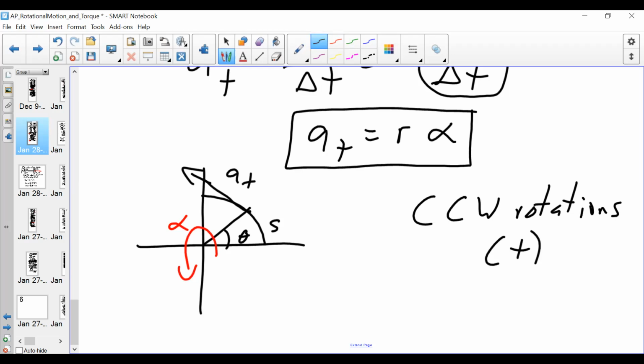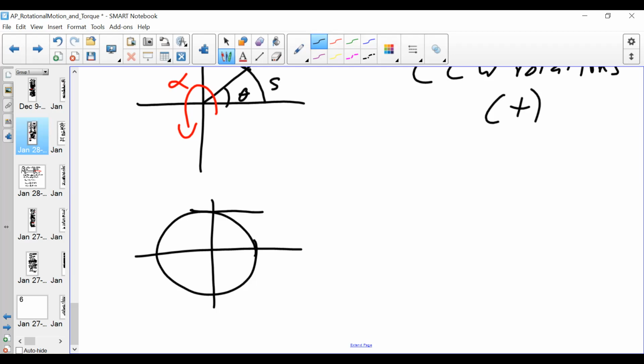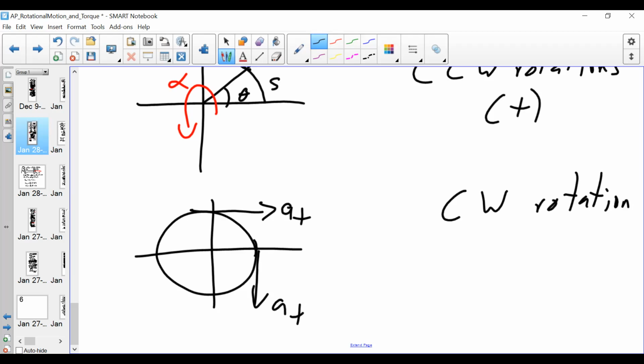And if we went the other way, if we had the tangential velocity like this, moving in a clockwise rotation, then clockwise rotations are always negative.